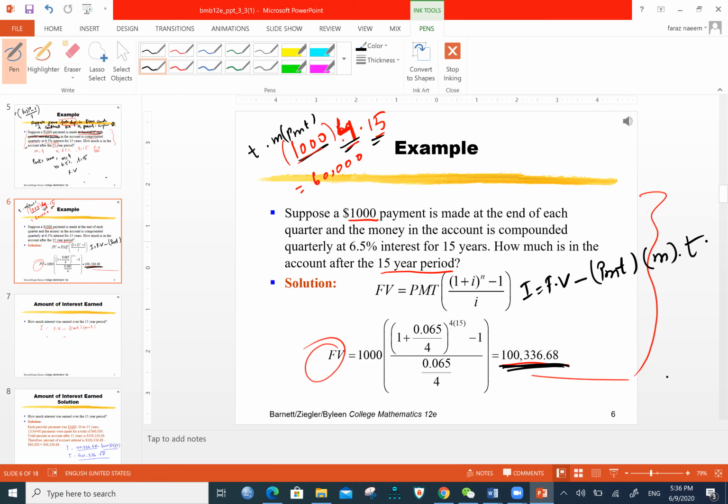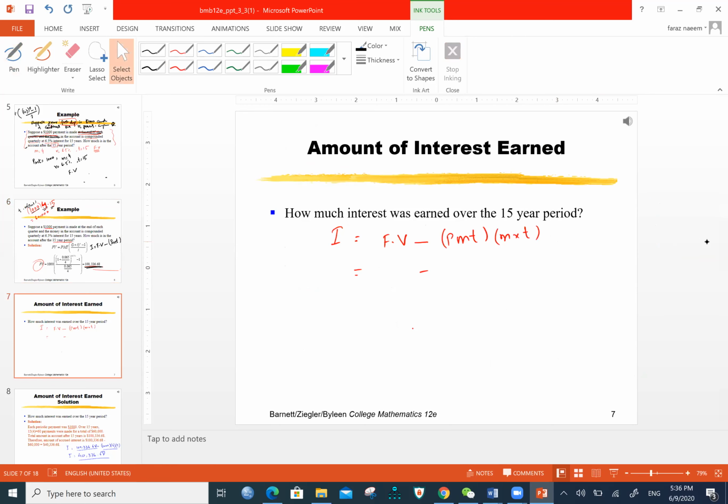How much interest was earned over the 15-year period?